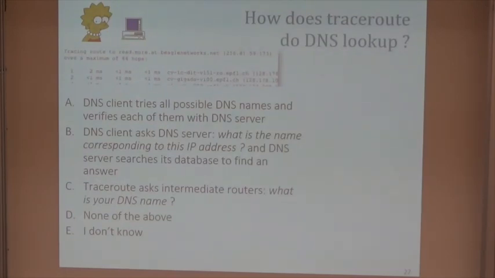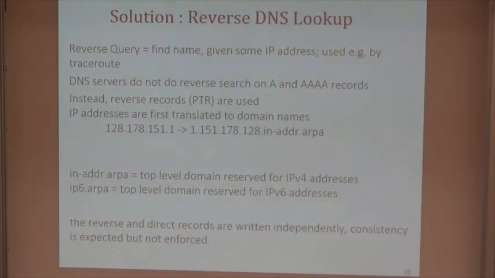And the none of the above is a very primitive thing, which is simply that when you put a name in the DNS, you also put the reverse mapping with another record, which is a reverse record, which is a PTR record. PTR stands for pointer.